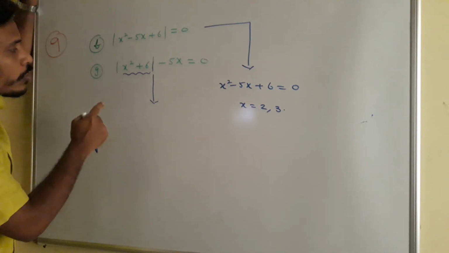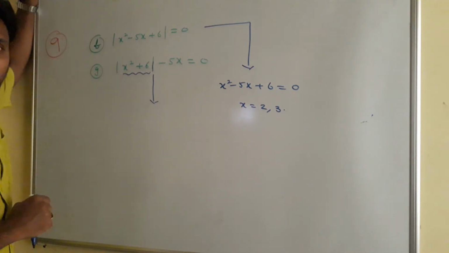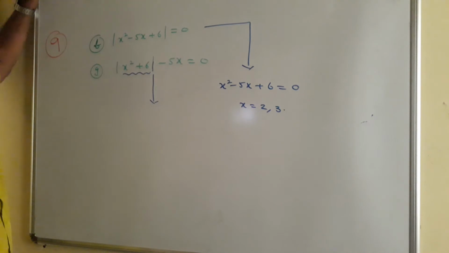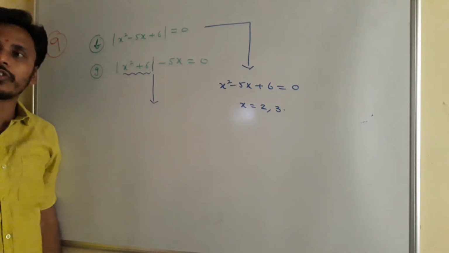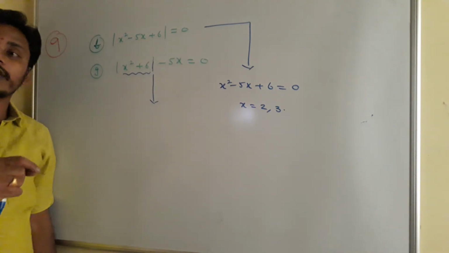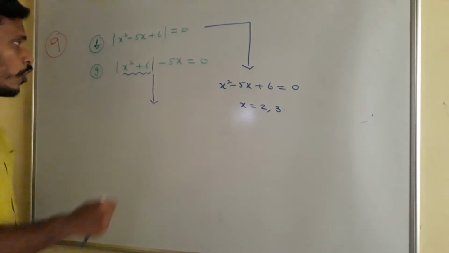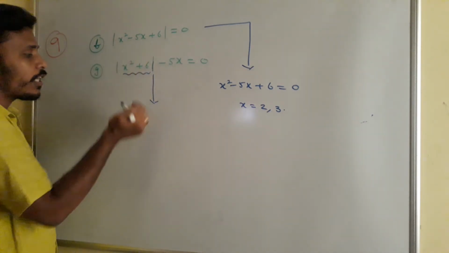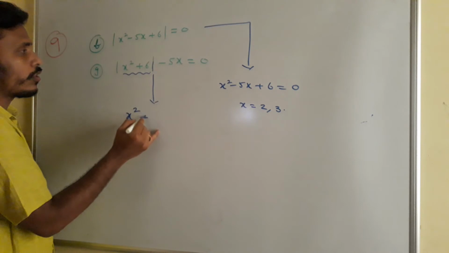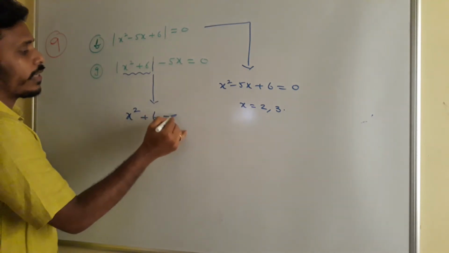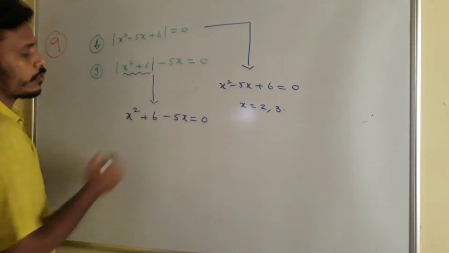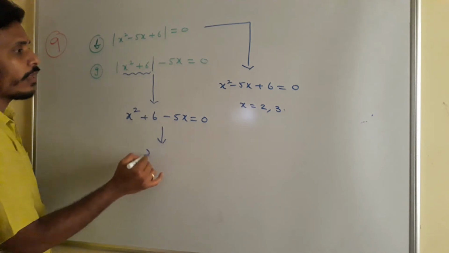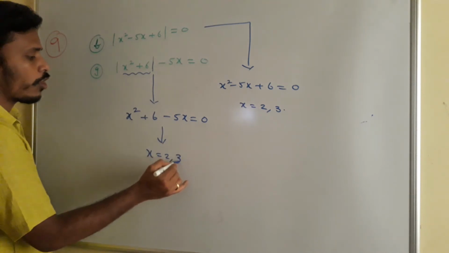X square is a positive quantity, plus 6 is also a positive quantity. So x square plus 6 is directly a positive quantity. And since it is always positive, directly you have a chance to remove that modulus. So this is x square plus 6 minus 5x is equal to 0. And for this problem again, the values of x are 2 comma 3.